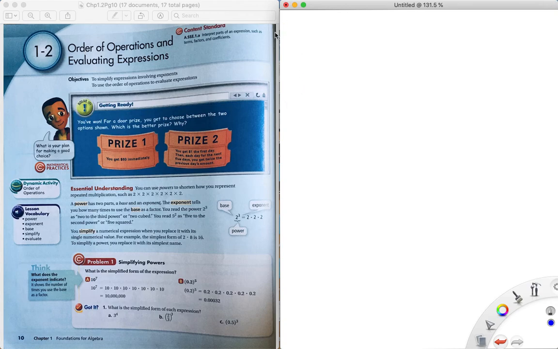You guys should know that when you raise something to a certain power, say 2 to the third, the 2 is called the base, and the 3 is called the power, or the exponent.